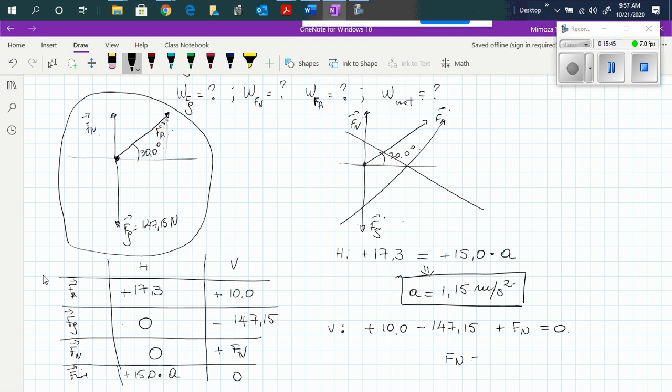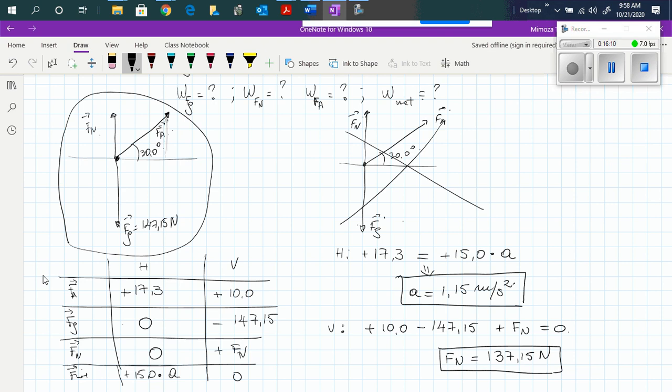So from here we find that the force normal is 137.15 newtons. And see now, from the previous question where the force normal was 147.15, the math tells us that it is actually not equal to the force of gravity.